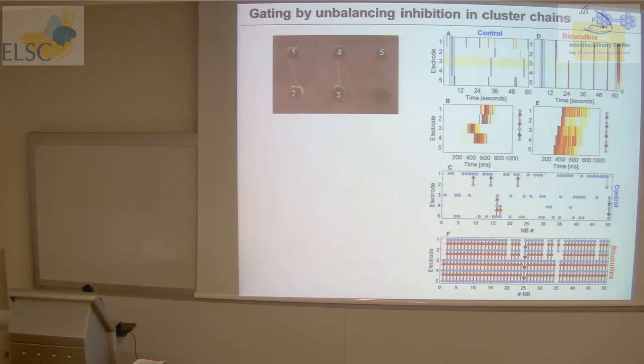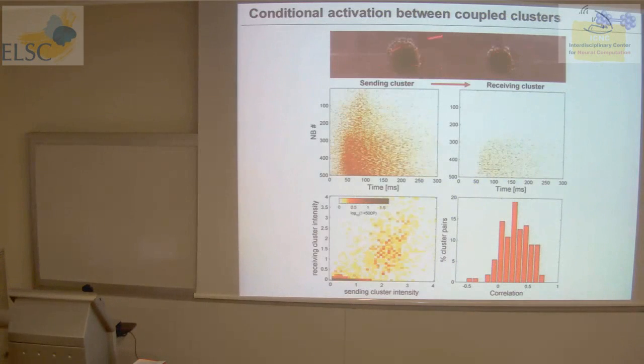Question: in the previous experiment, were there exactly two clusters, or were you only studying those two clusters? No, each time we take two clusters in a chain. We have those chains, and there can be a network here and a network here, but we always look at those two.